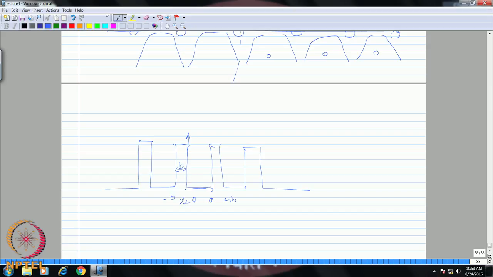This could be like a quantum well of width a, and this is again b. So, now it becomes repeating. As you go from 0 to a plus b, you can solve the Schrodinger equation for this periodic potential, and that becomes repeating, and so on. This is the simplification the Kronig-Penney model makes for the electrons inside a periodic crystal structure.